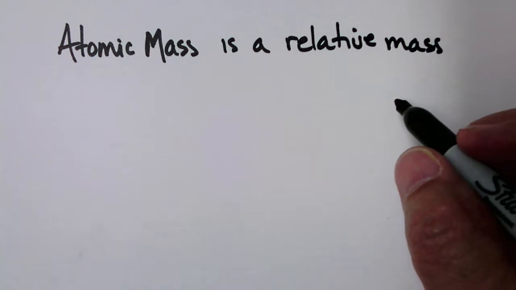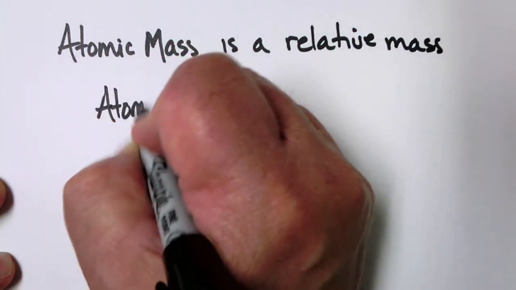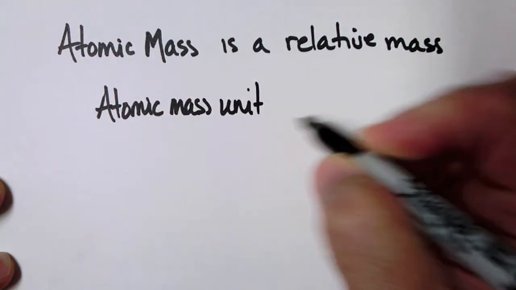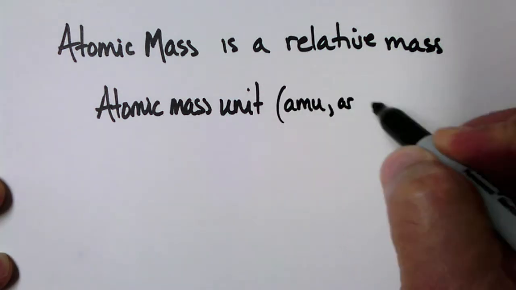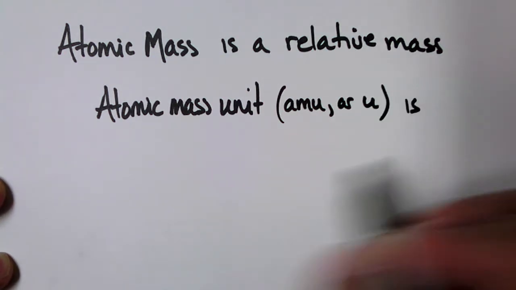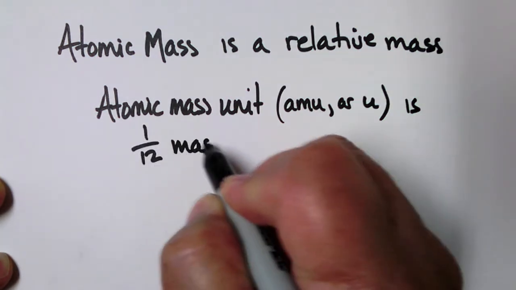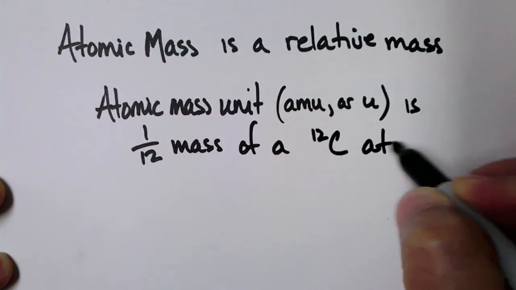With atoms, a kilogram is much too large a standard to use. And so what they decided upon was the atomic mass unit, which can be abbreviated either as AMU or just simply U. And an atomic mass unit is defined as 1/12 the mass of a carbon-12 atom.